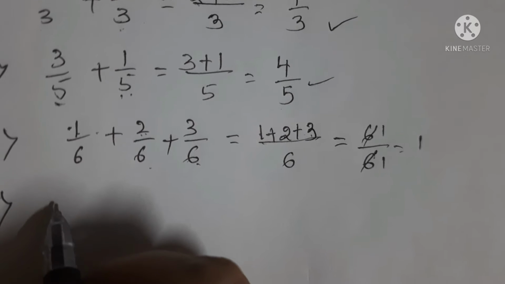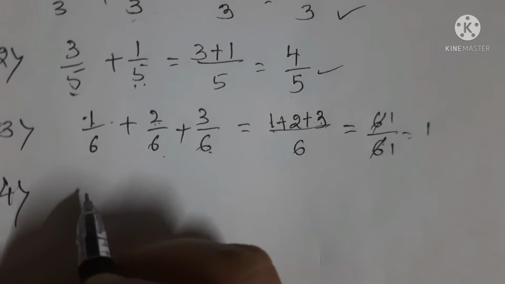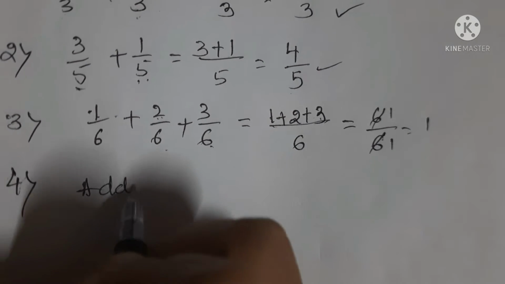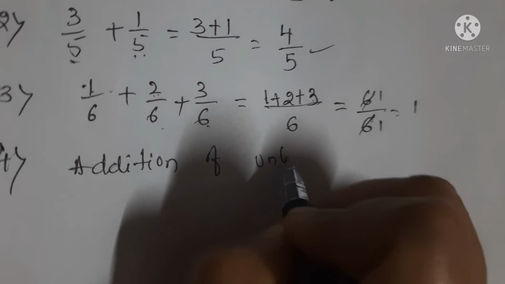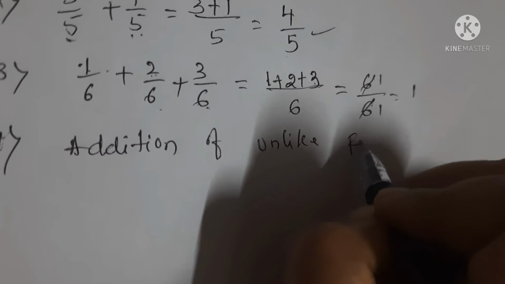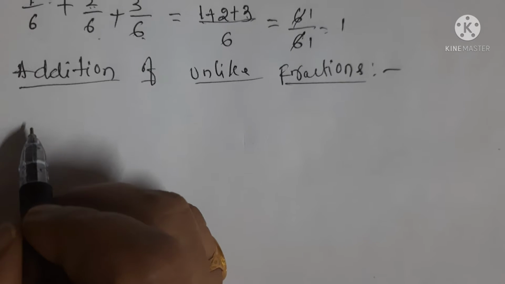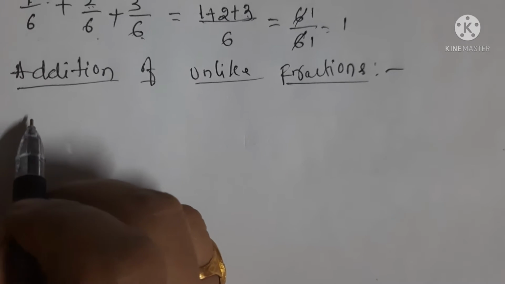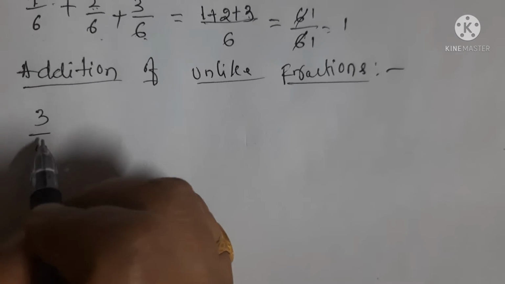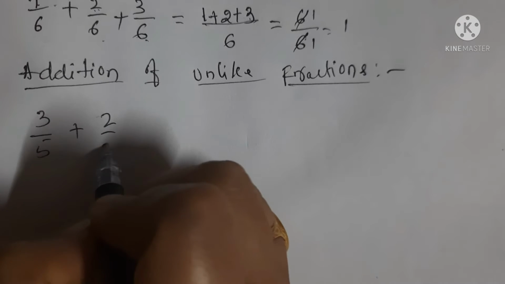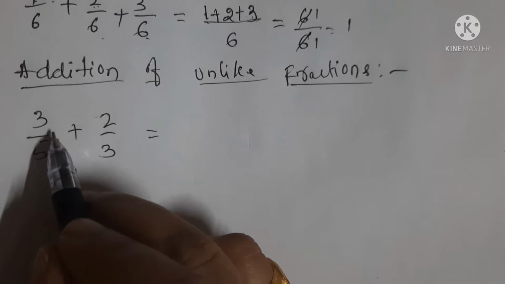Now if you are given unlike fractions, here in this case addition of unlike fractions, for example 3 by 5 plus 2 by 3, here you can't add these numbers directly.